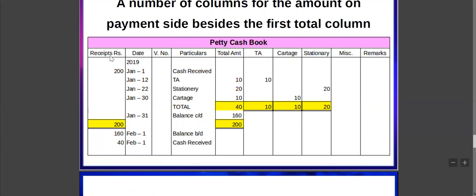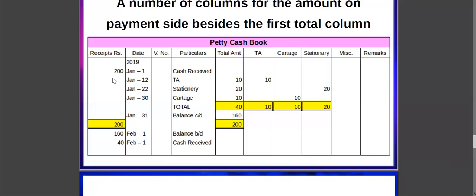The columns are date, voucher, particulars, total, TA, cartage, stationery, miscellaneous, remarks. Around 10 to 15 columns we can add here.